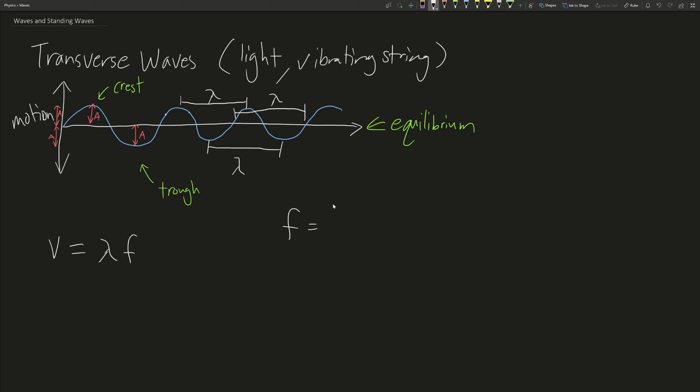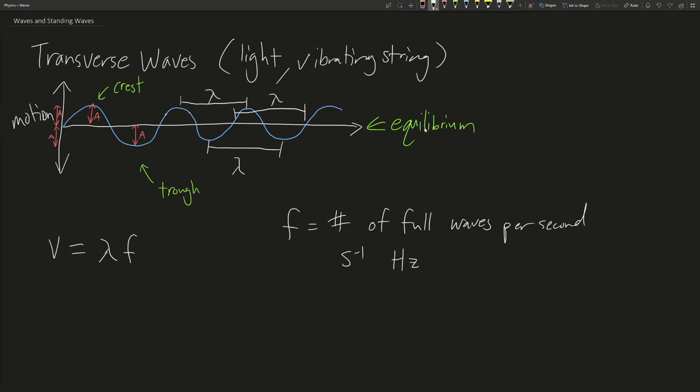So you can think about it as the number of full waves per second. The unit of frequency is going to be inverse seconds, which is also called hertz.